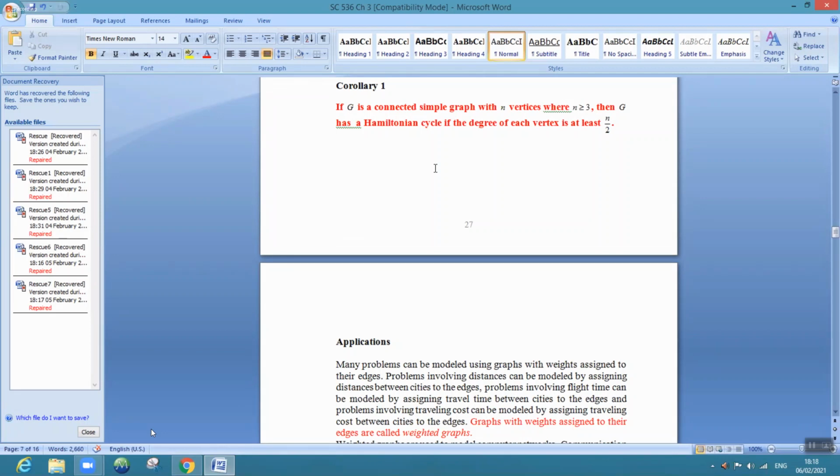So these are the Hamiltonian and Eulerian graphs and their properties.